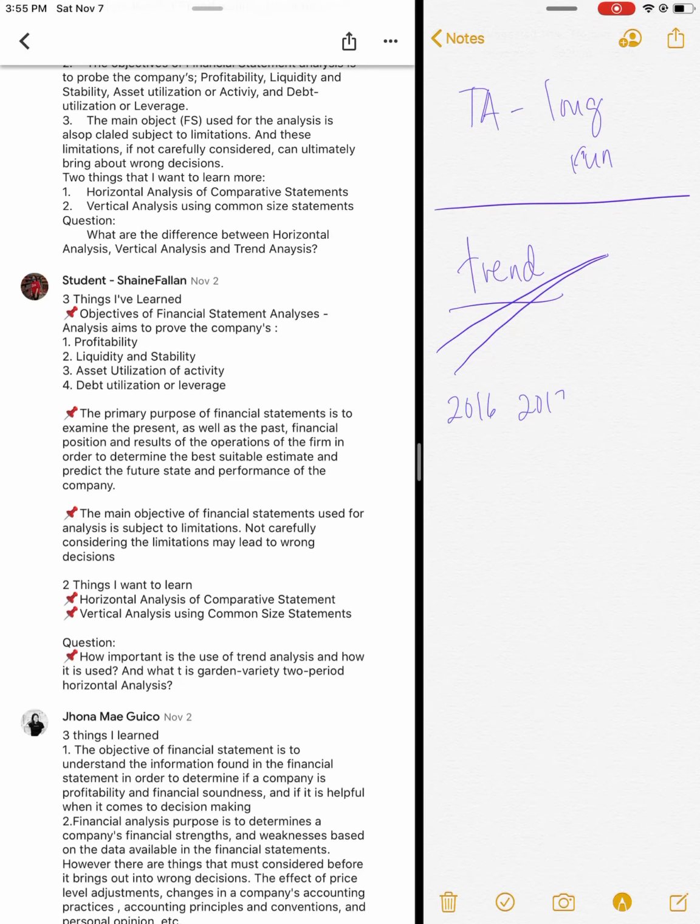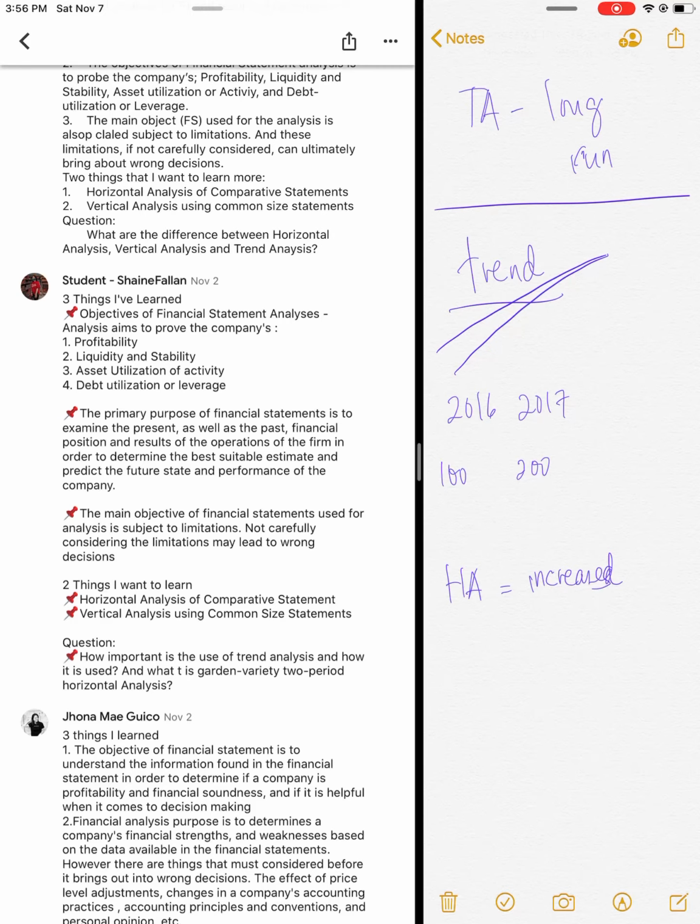pag sinabi mong 2016, 2017, 100, naging 200 noong 2017. Kung horizontal analysis ang gagamitin mo, you might say it increases. It increases, but you cannot say it is increasing.